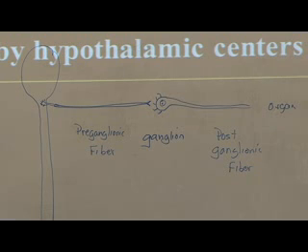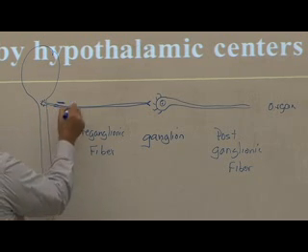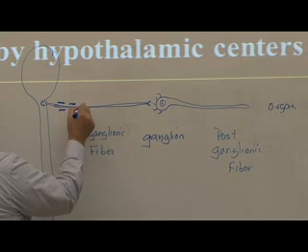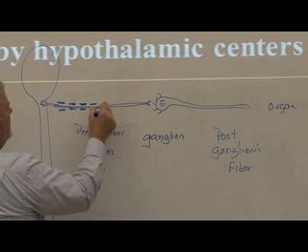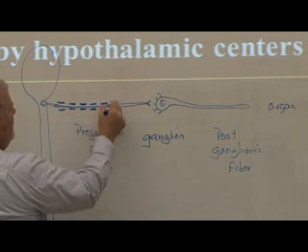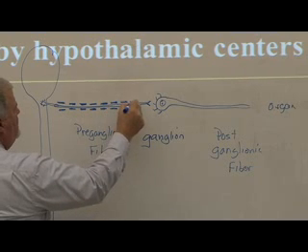So preganglionic fibers arise in the central nervous system, and so they are myelinated fibers. So what cells would create the myelin out here in the PNS? Schwann cells. And what do we call the junction between Schwann cells? Nodes of Ranvier.